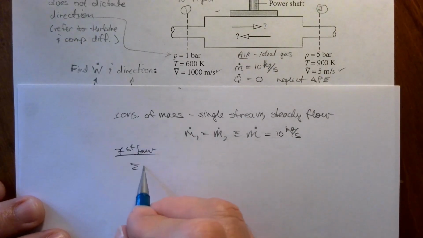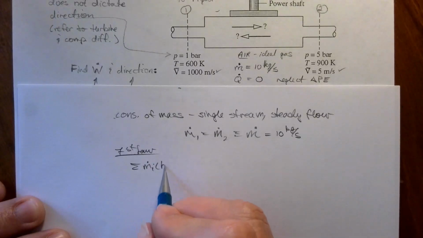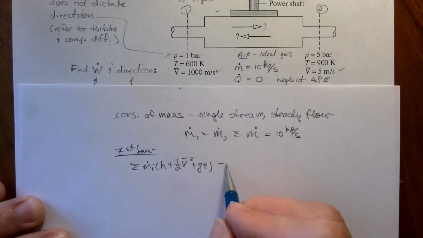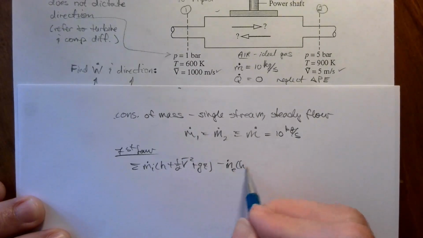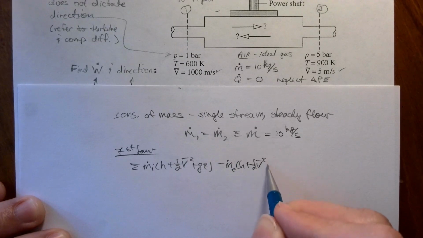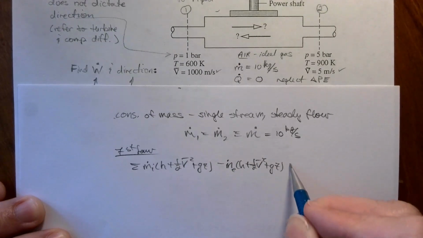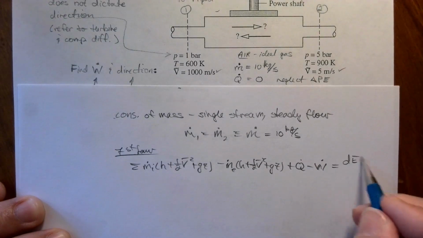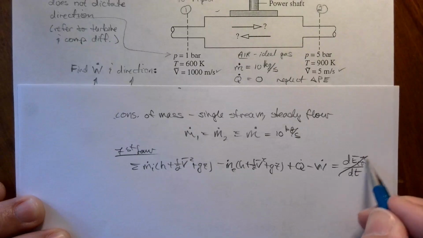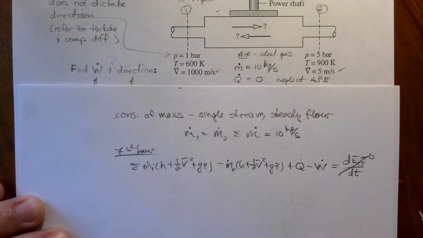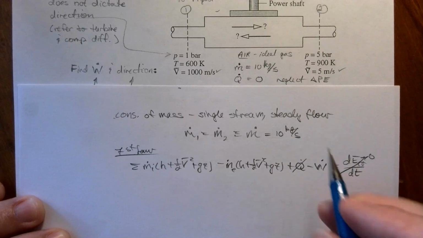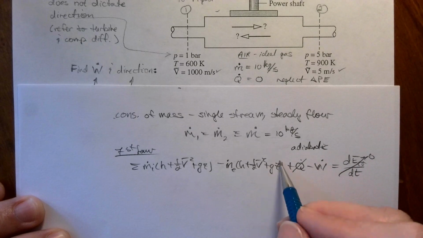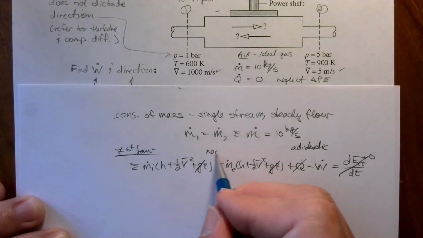The first law, summation of m dot in, h plus 1/2 the velocity squared plus gz, minus summation of m dot exit, h plus 1/2 the velocity squared plus gz, plus Q dot minus W dot equals 0. So in steady state, the accumulation term is going to be 0. It's adiabatic. It's given to us. It says to neglect the potential energy.